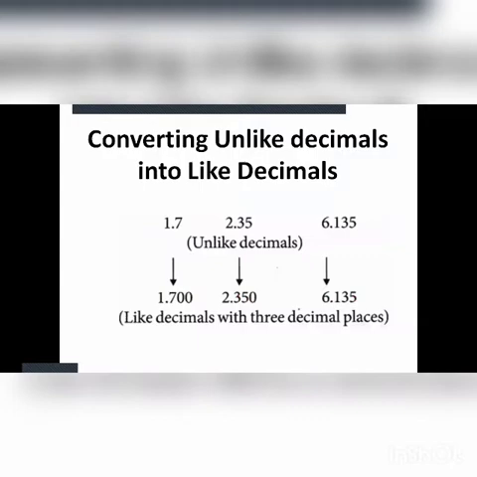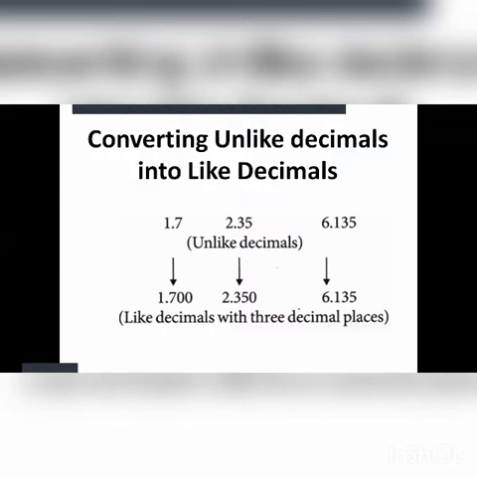Now convert unlike decimals into like decimals. We can convert unlike decimals into like decimals by adding zeros to the extreme right of the decimal number or by finding their equivalent decimals.